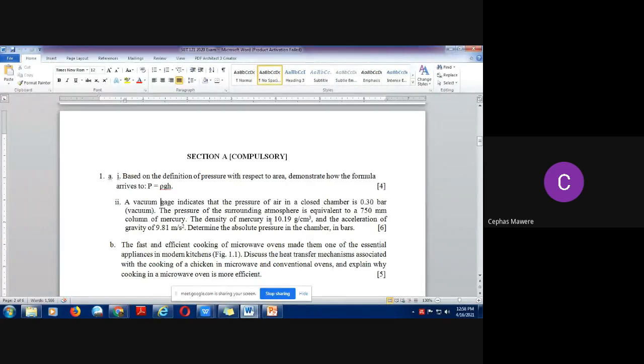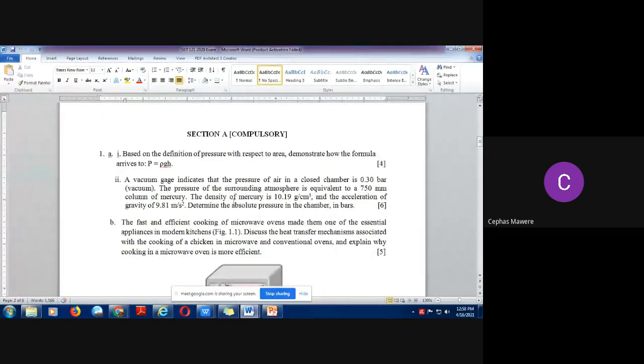The pressure of the surrounding atmosphere is equivalent to a 750 millimeters column of mercury. The density of mercury is 13.19 grams per cubic centimeter and the acceleration of gravity is 9.81 meters per second squared. Determine the absolute pressure in the chamber in bars.